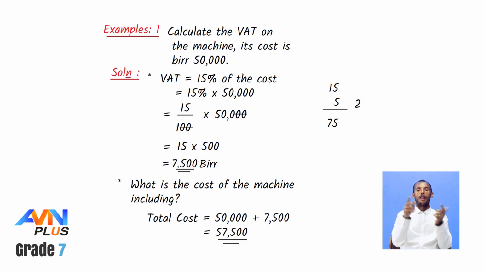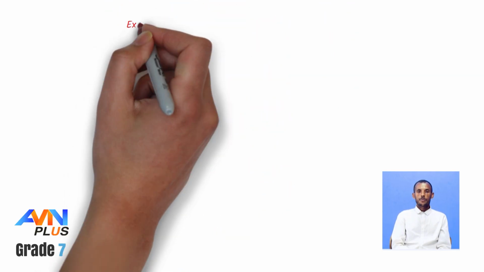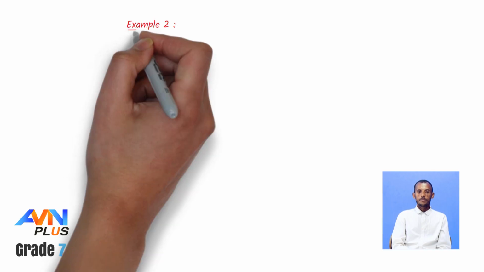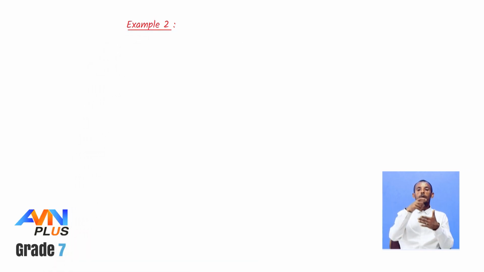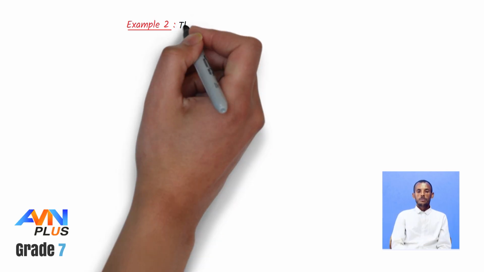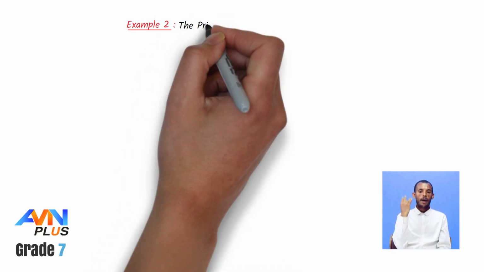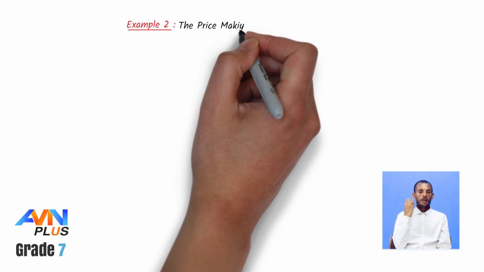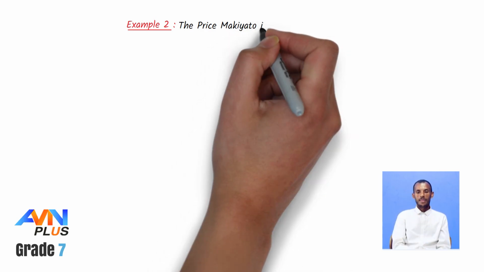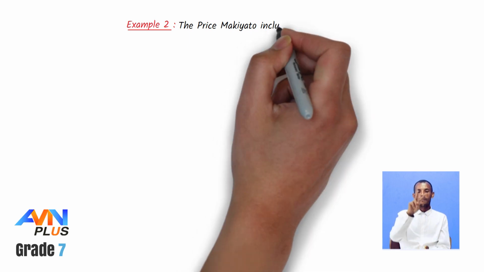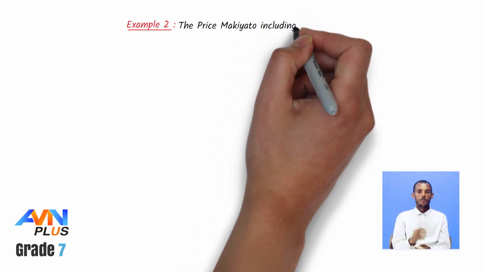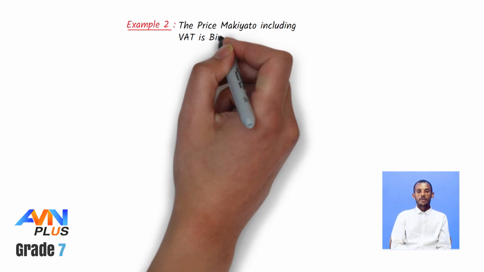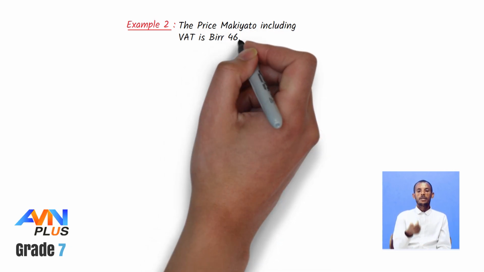Example 2. The price of macchiato per cup including VAT is birr 46.